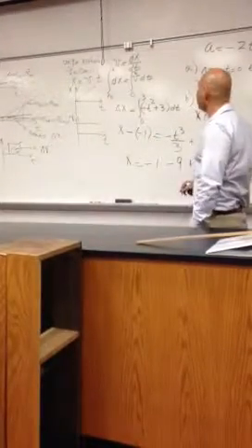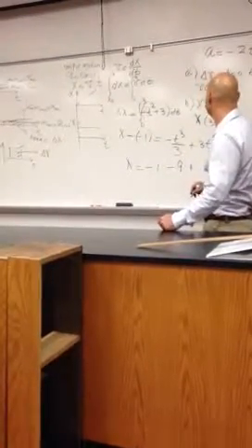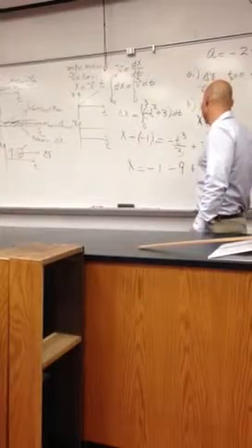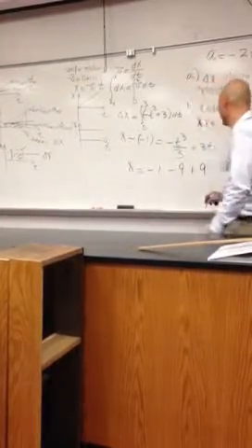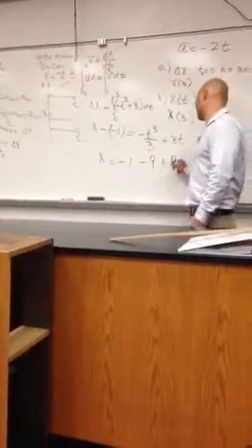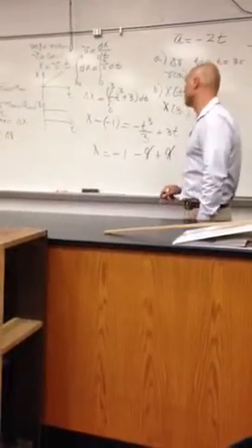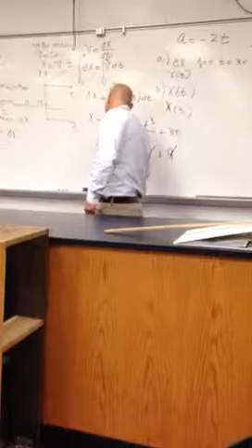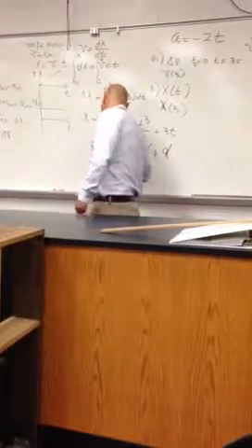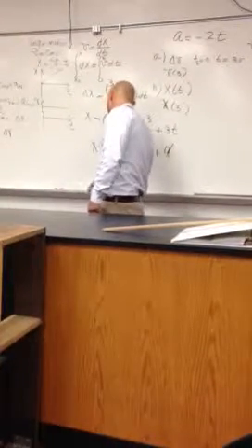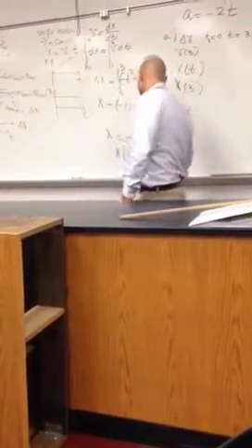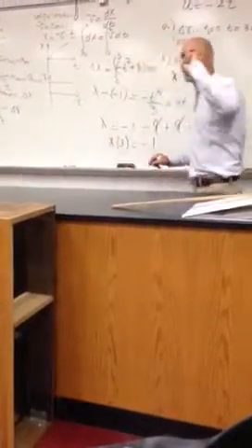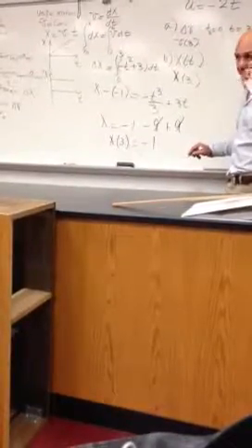Plus 3 times 3 is 9, right? So 9 minus 9. So your final position, your x at 3 seconds, how much? Negative 1. This is by chance, by chance.